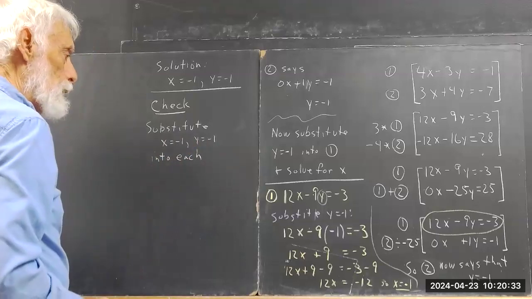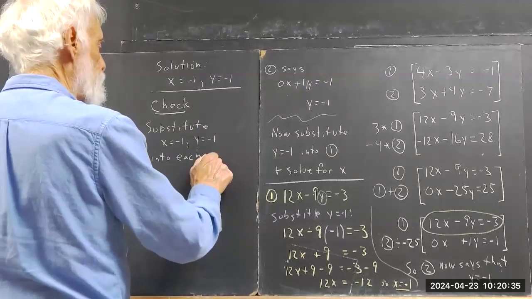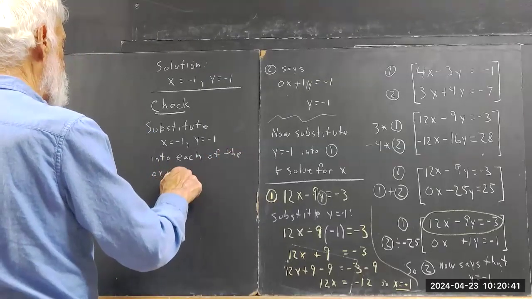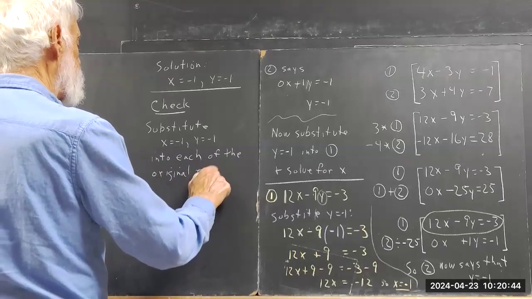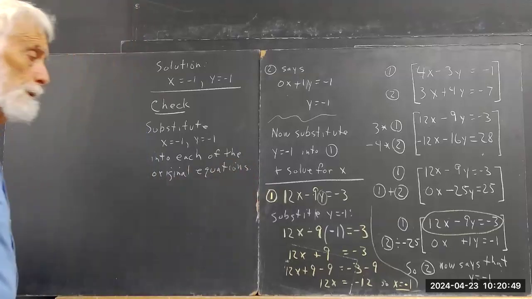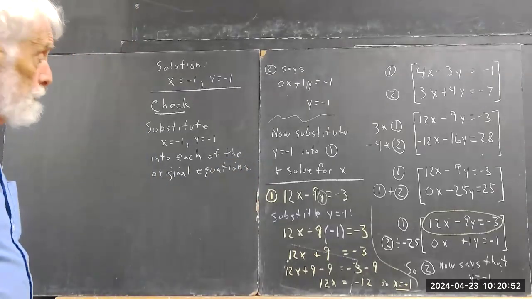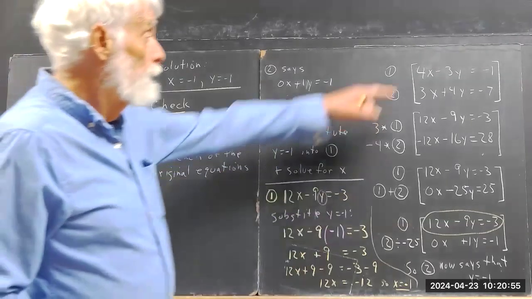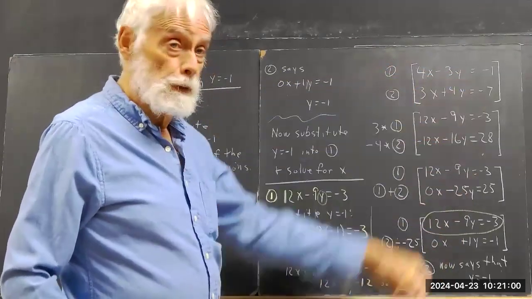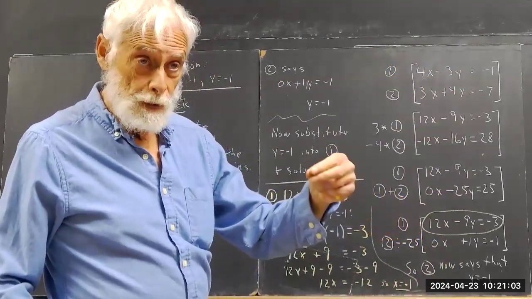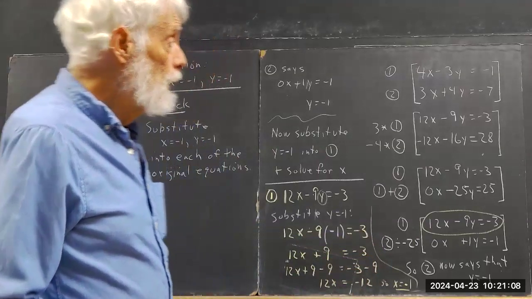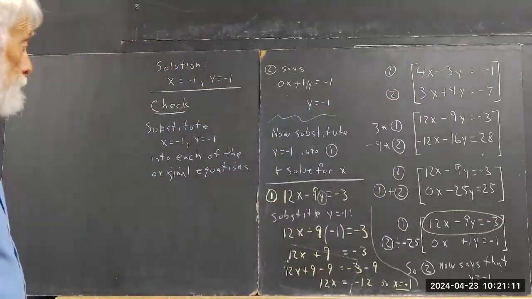Substitute x equals -1, y equals -1 in each of the original equations. Okay. Meaning we start with the first equation and substitute -1 for x, -1 for y, and we do the arithmetic and see if both sides come out the same. If both sides come out the same, then we have an identity. And then we do the same thing for the second equation.